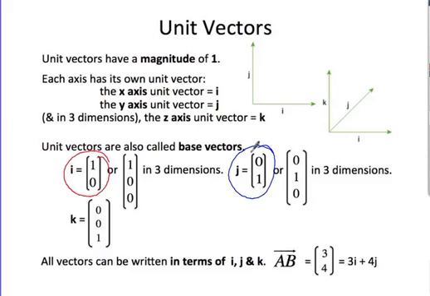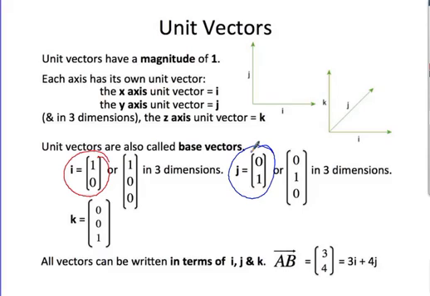All it's showing is that with the vector i, you're moving 1 unit in the x direction, but 0 units in the y direction, and in 3 dimensions, 0 units in the z direction. Same thing with j: you're moving 1 unit in the y direction, but 0 units in the x direction, and 0 in the z direction. So obviously, it has a length of 1.